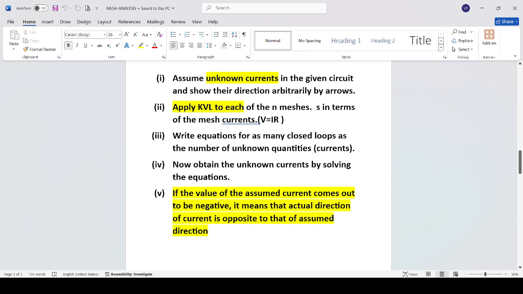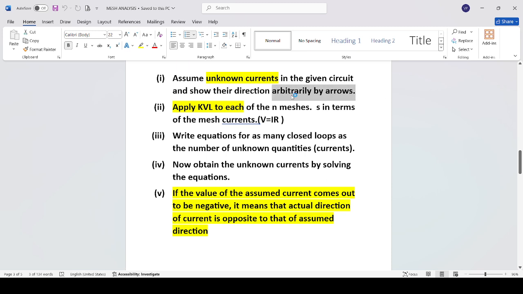Okay. First one is you need to assume the unknown currents. Okay. So they will give the circuit. You need to assume the current like I1, I2, I1 minus I2 like that. You need to assume the current and you should mention its direction. So that is what is given in this first one.